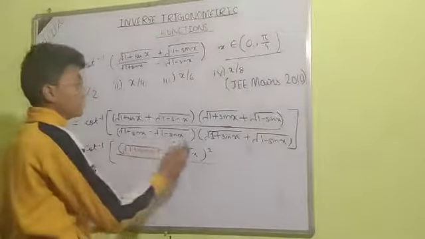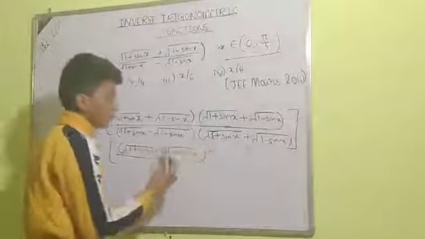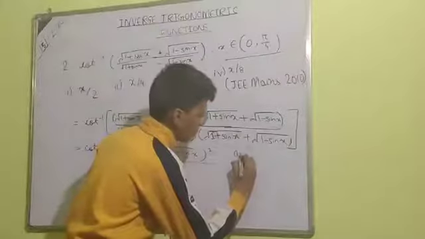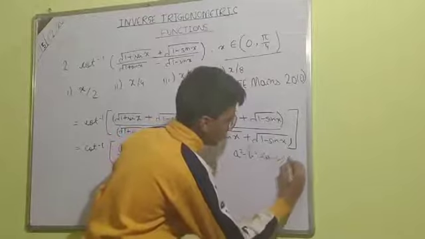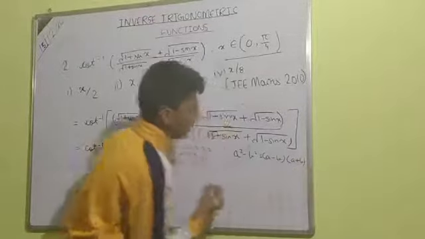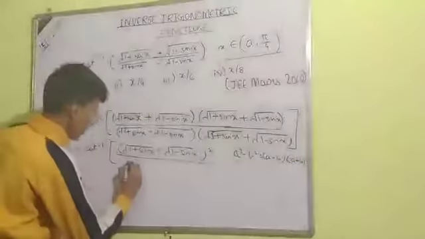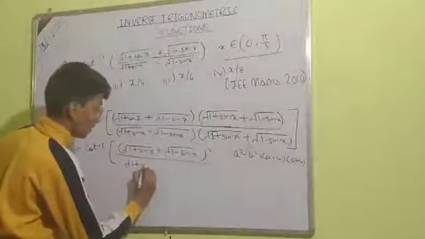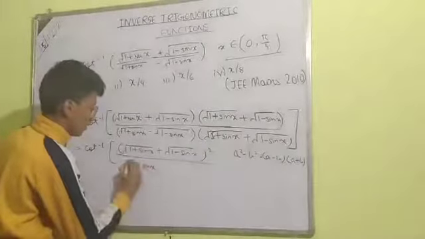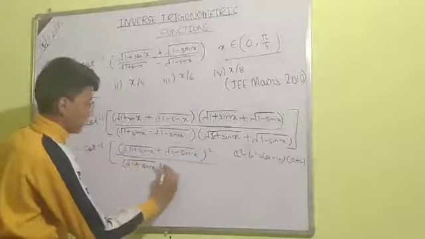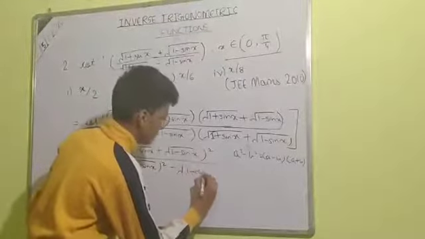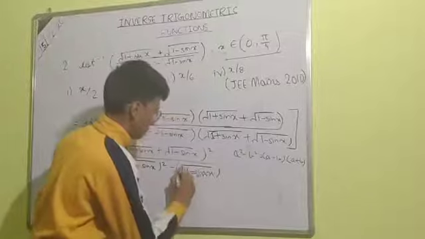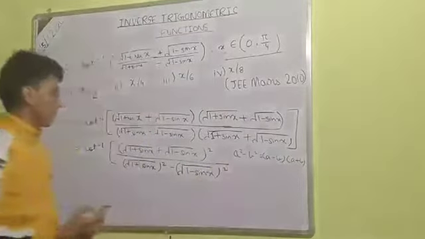And this is a minus b into a plus b. That is the formula of a square minus b square. Using the formula a square minus b square is a minus b multiplied by a plus b. So it will be a square in subtraction minus b square.